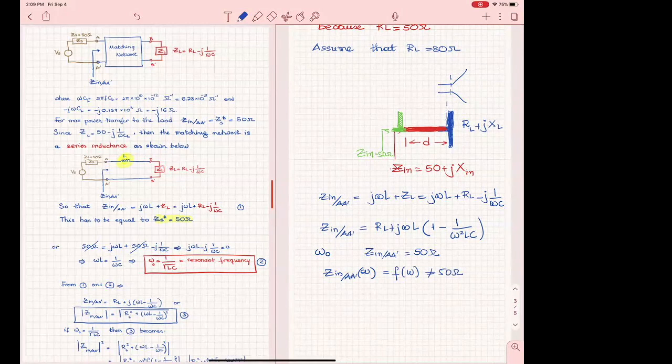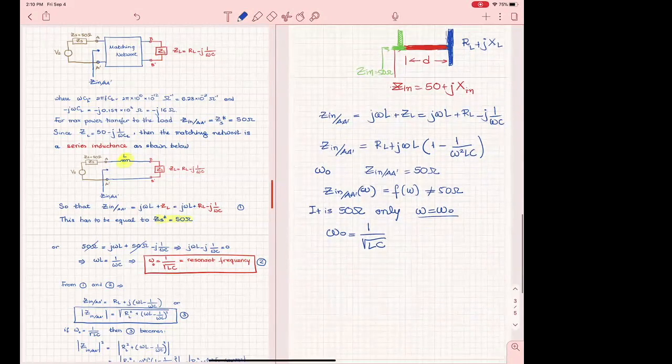It is only 50 when omega equals omega naught, and omega naught is nothing else but 1 over square root of LC. Okay, why is that?